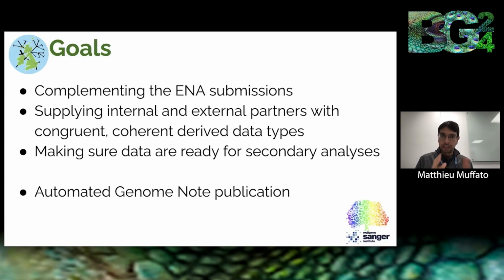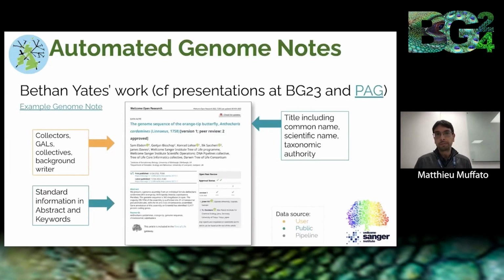And all of that is driven by the concept of genome note publications. For every genome that we make, we publish a short publication, a data note. Some of you may remember a presentation from Bethany Yates last year about biodiversity genomics at PAG as well.